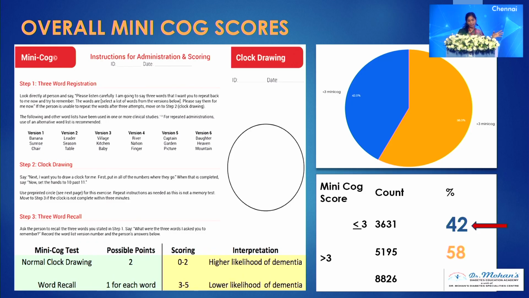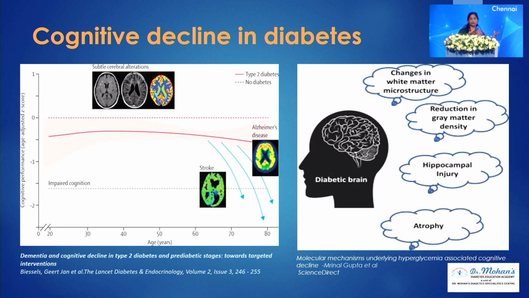Why is that so in the diabetic population? We all know diabetes per se accelerates aging, and especially brain aging or cognitive decline is much more accelerated in people with diabetes than in the non-diabetic population, due to multiple mechanisms.